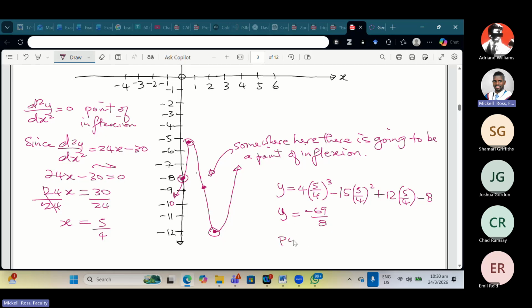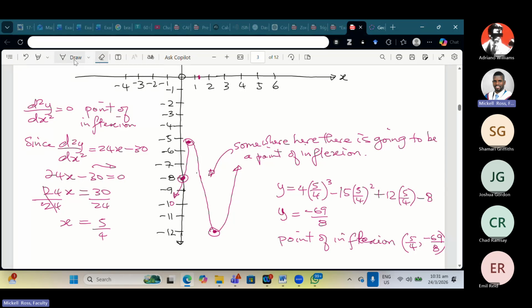So the point of inflection is going to be (5/4, negative 69/8). That's where you're going to get the point of inflection. So it's going to be 1 1/4. So 1 1/4 is about here, and it's going to come down to negative 69 over 8, which is negative 8.62.